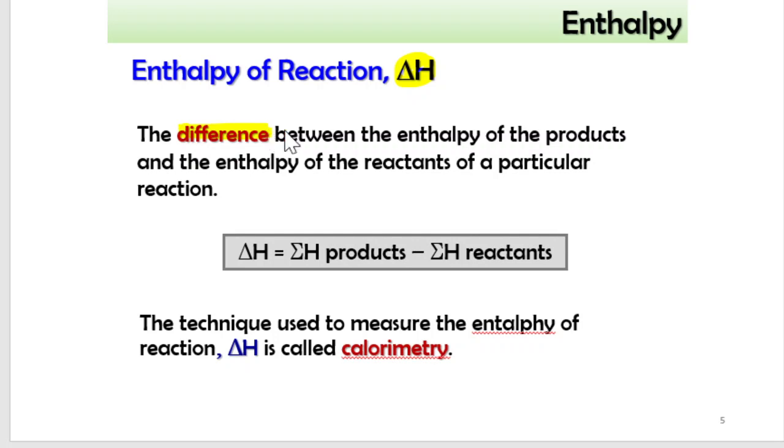Delta H is hasil tolak enthalpy of your product minus enthalpy of your reactant. That is why kita note dia sebagai delta H. Change in enthalpy. So product tolak reactant. And the technique that we use to measure this delta H is called as calorimetry. Kalau alatnya kita panggil sebagai calorimeter.